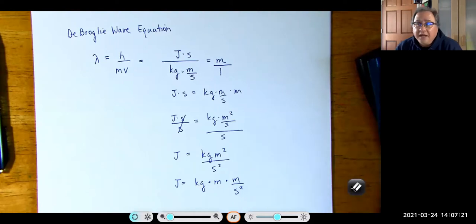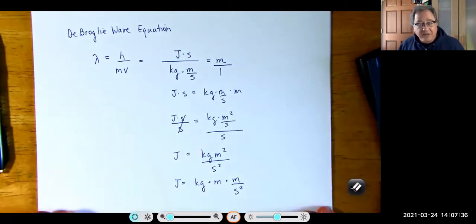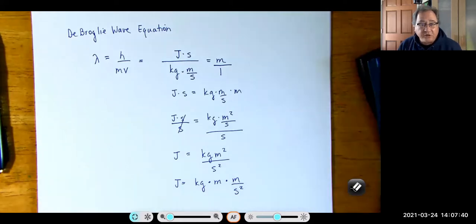Now I want you to imagine that you want to speed it up. In other words, you want to accelerate it. So let's say it's going 1 mile per hour and you now want it to go 2 miles per hour. Are you going to have to put energy in to increase its speed to go 2 miles per hour? The answer is yes.